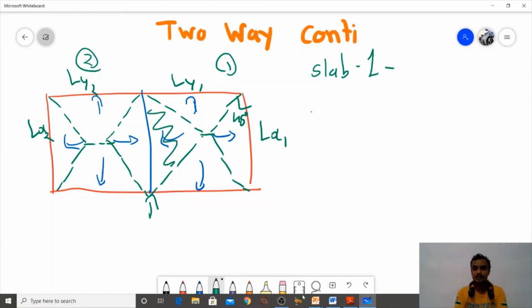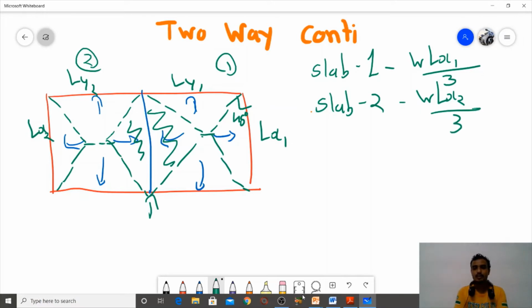Slab 1 load is WLX1 by 3, and slab 2, also a triangle shape, is WLX2 by 3. This equation gives the load transferred from the slab to the beam in triangle shape.